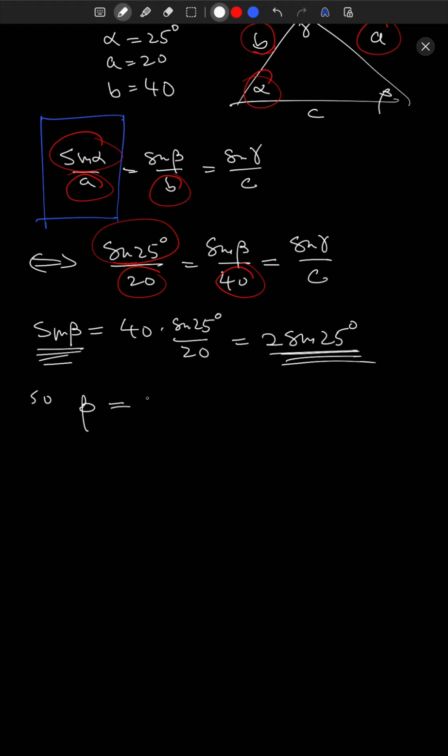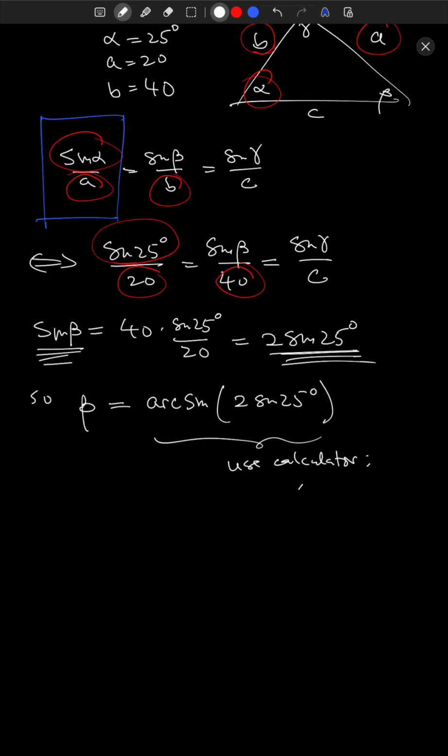I'm going to plug into the calculator. I'm going to use the arcsine button of the calculator and calculate arcsine of this quantity here, 2 sine 25 degrees. And my calculator is going to give me a number. So, use calculator. And what I'm going to get in this example is roughly 57.697 degrees. Okay.